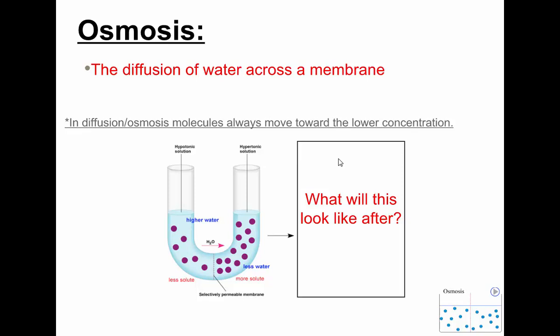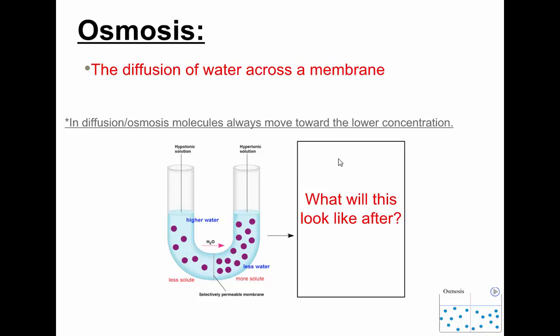So let's look at this example. So let's say I have this U-shaped tube. It's hollow, and it's in 2 pieces. In the middle at the bottom is a piece of plastic that's a semi-permeable membrane. It's got little tiny holes in it. Okay. On this side, I put some sugar solution.